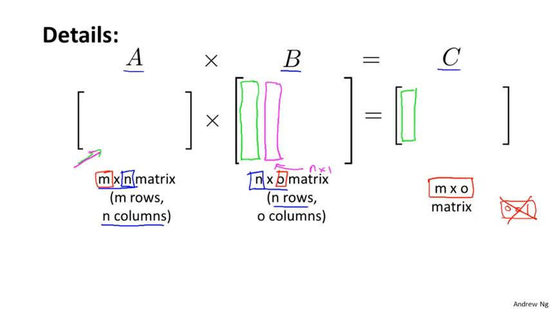I multiply this matrix with this n by 1 vector, and the result will be an m-dimensional vector, which I put there, and so on.